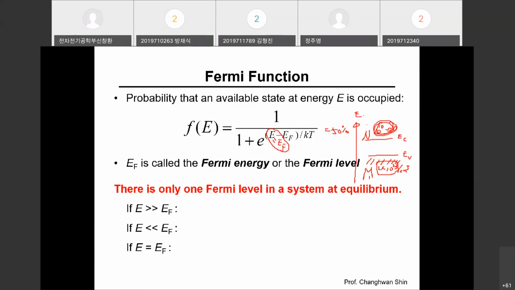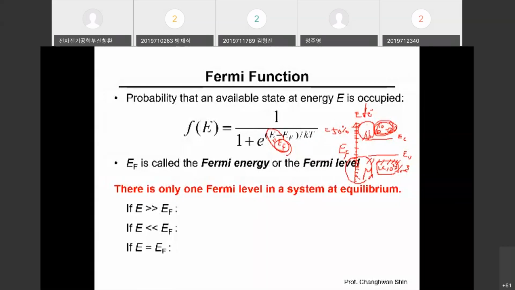The y-axis indicates the energy of the electron. At which energy level is the probability of finding an electron 50%? You find the specific energy level, which is E sub F. Where is it? No electrons at this energy level, many electrons at this energy level.